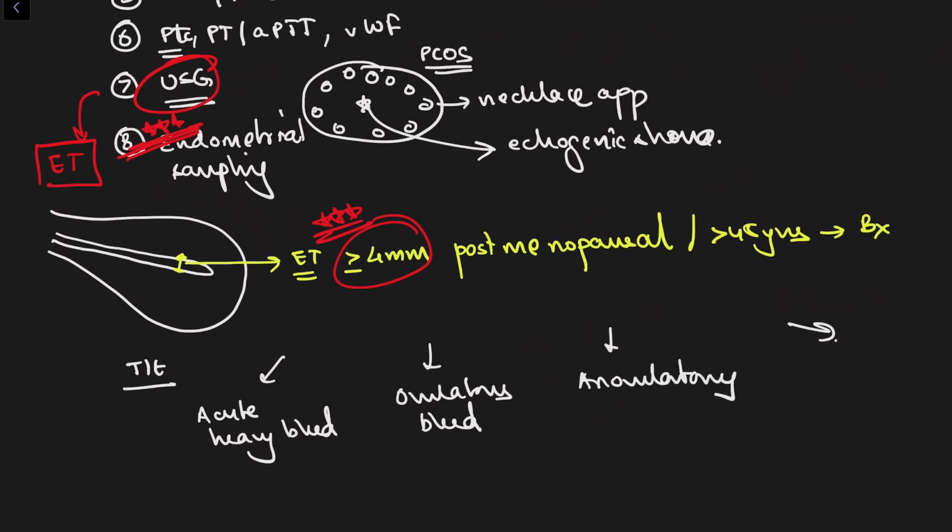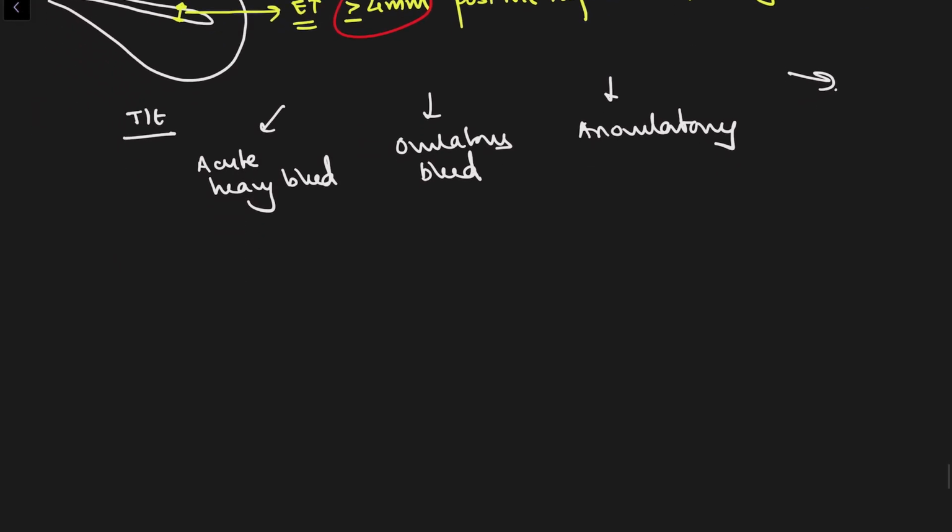So here we give high dose IV estrogen because this will stabilize the endometrial lining, and this stops the bleeding in 1 hour. Right. Then after that we can give combined oral contraceptive pills or add progestin when the bleeding is stabilized.